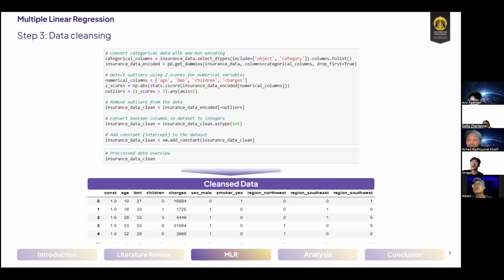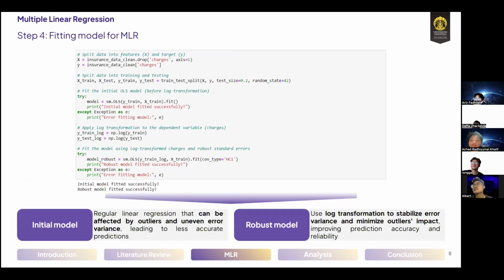Okay, so for step 3, we do the data cleansing, and as shown in the PowerPoint, this is the cleansed data. Okay, so the next step, step 4, is fitting the model for the MLR, where it is divided into an initial model and a robust model.